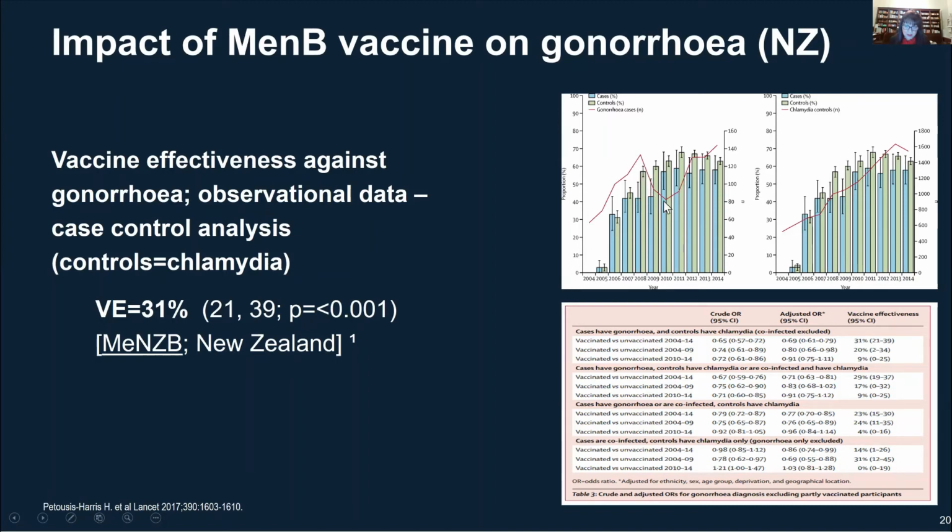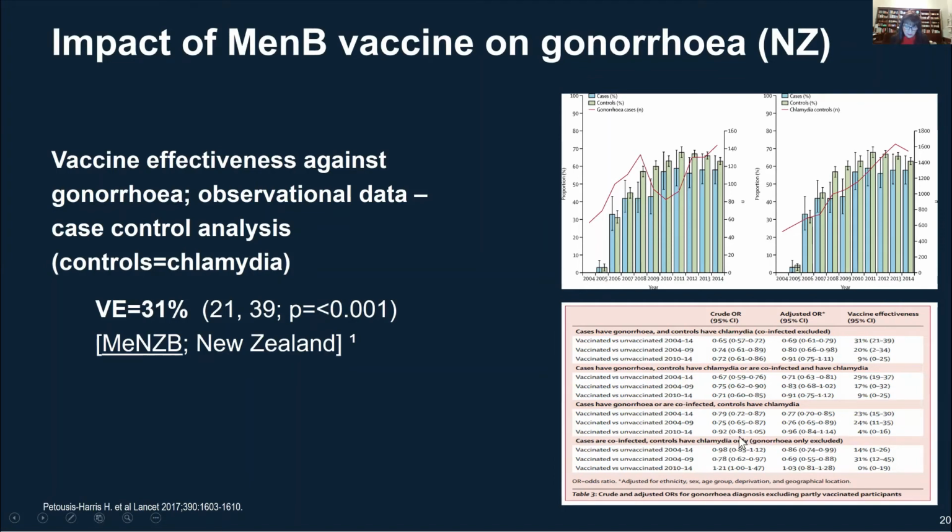Now, we do see a reduction in gonorrhea compared to chlamydia, where it just continues to increase over that period, but it does seem to be short-lived, perhaps 4 or 5 years that we're seeing this reduction, and then we see gonorrhea increasing again.